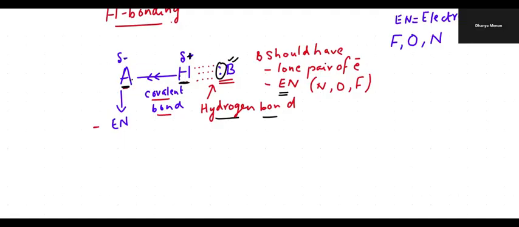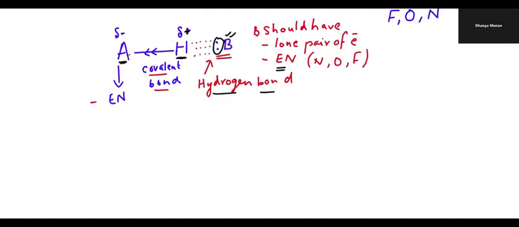Okay, and we have already learned in the lesson about electronegativity that fluorine, oxygen, and nitrogen are highly electronegative, fluorine being the highest with the value 4, and oxygen is 3.5, nitrogen is 3. There were some atoms whose electronegativity value you had to memorize, so they were one of them.